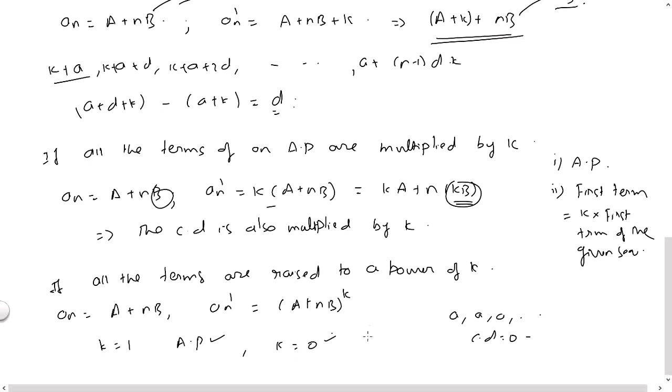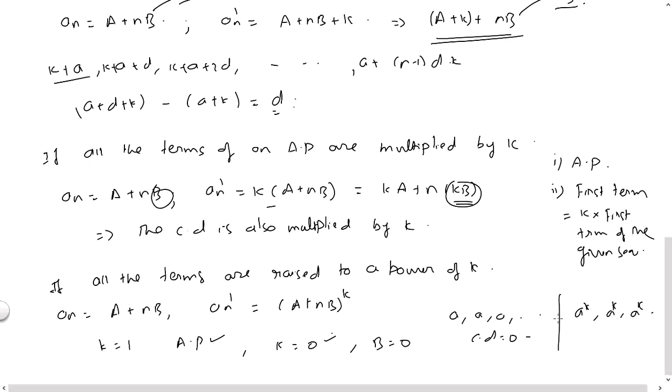Is there any other case? Yes, there is another case, which is if b is equal to 0. b equal to 0 means what? If the common difference of the original sequence is 0, then the original sequence will be of the form a, a, a and so on. So if you raise each value to the power of k, the resulting sequence will be of the form a to the power k, and so on.